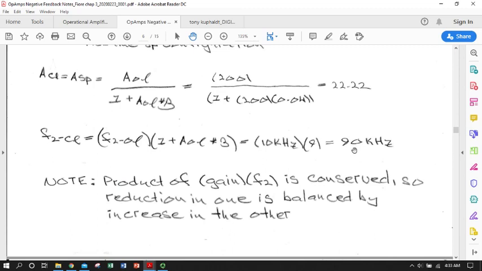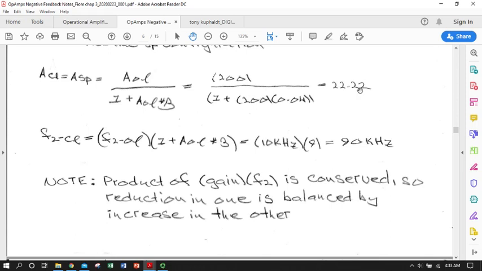So we go up by just shy of an order of magnitude, and so now our F sub 2, or our upper critical frequency, instead of being 10 kilohertz, is 90. And if you'll notice, it's because we're effectively dividing and multiplying by the same number.